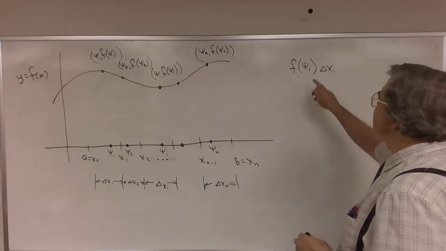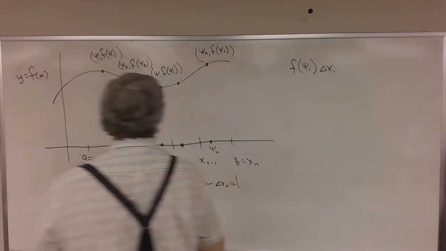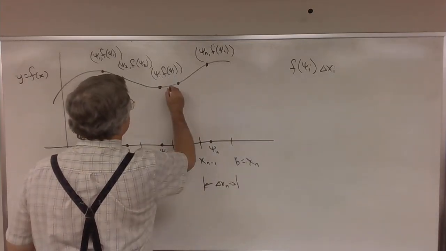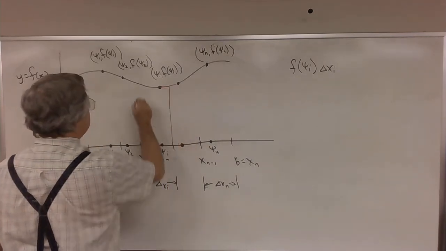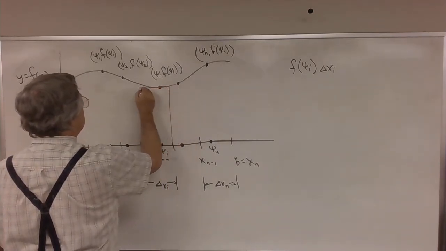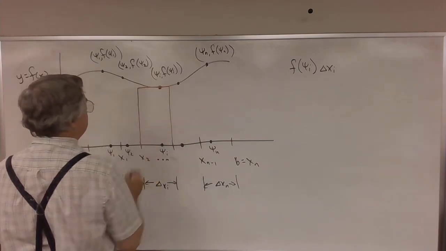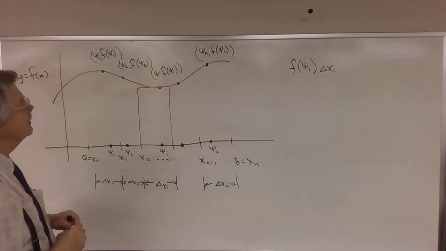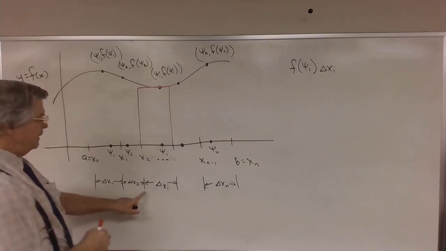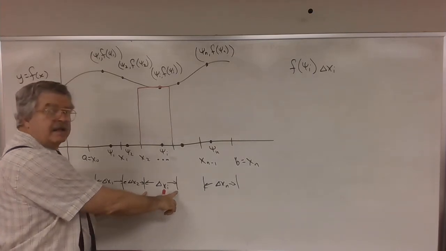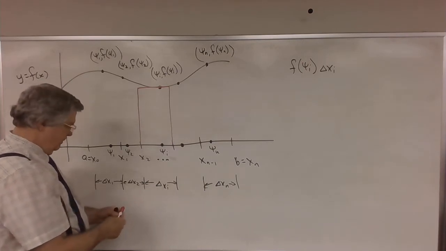Let's note what this thing really is. Let me inscribe a rectangle over the ith subinterval, and notice that delta x sub i is the width of this rectangle.